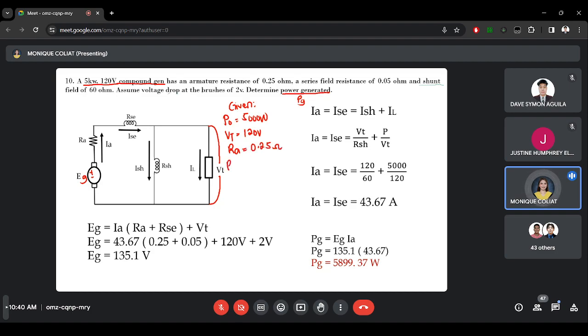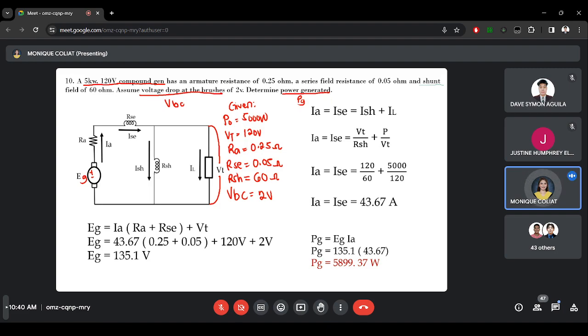We have a series field resistance of 0.05 ohms. Shunt field resistance or RSH, which is 60 ohms. And we have a voltage drop at the brushes. So that is VBC, which is 2 volts. When we say voltage drop at the brushes, that is VBC.